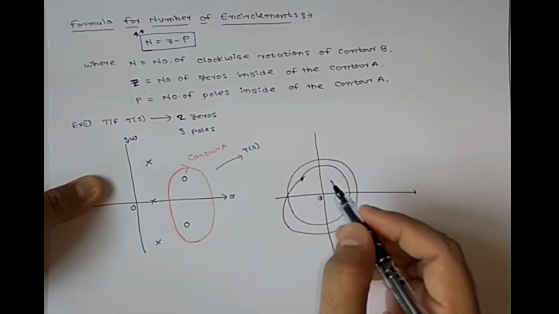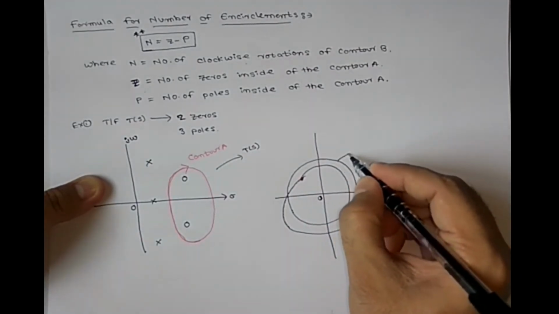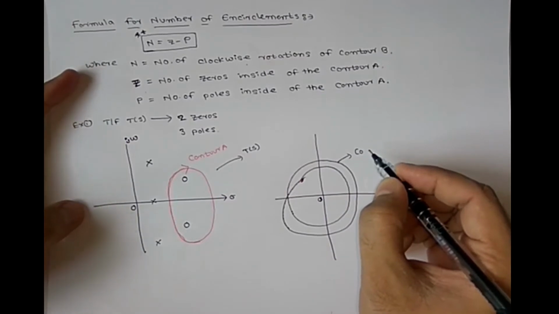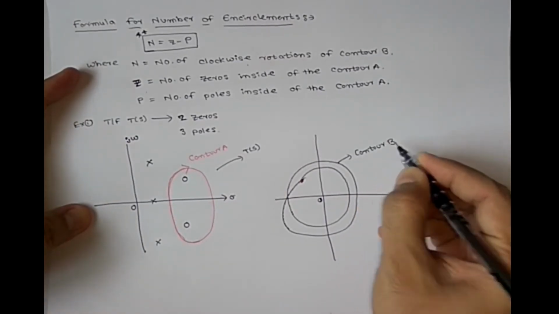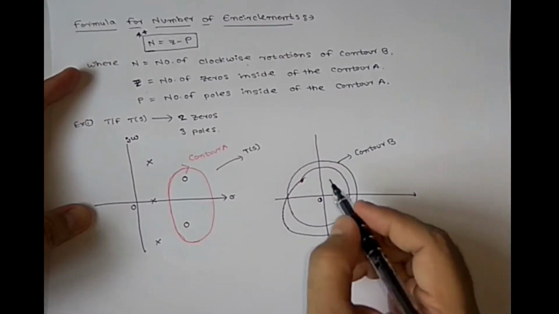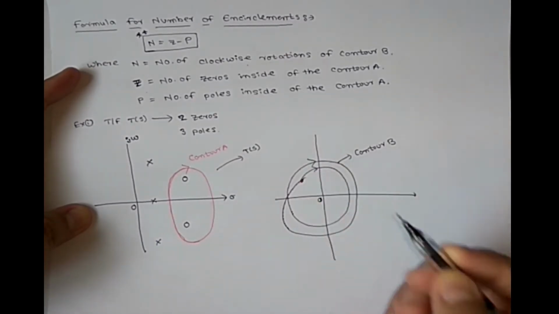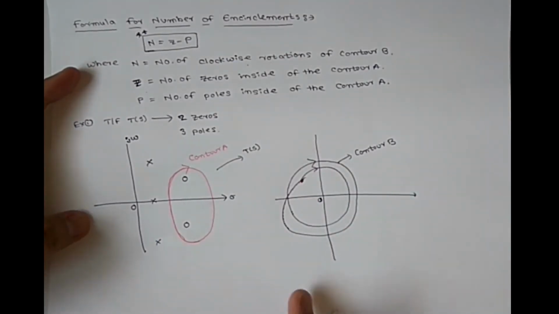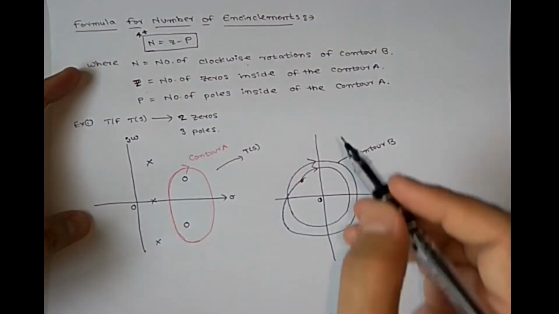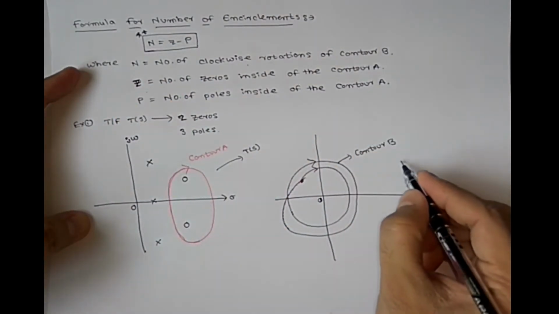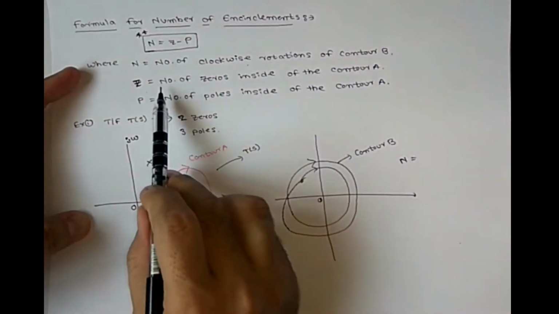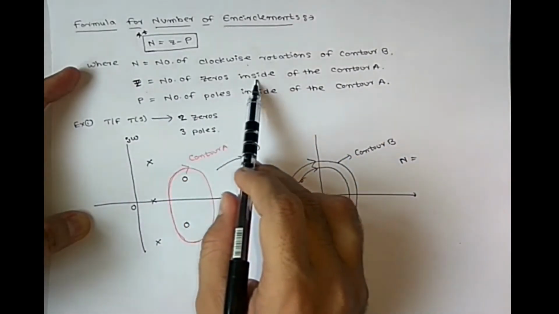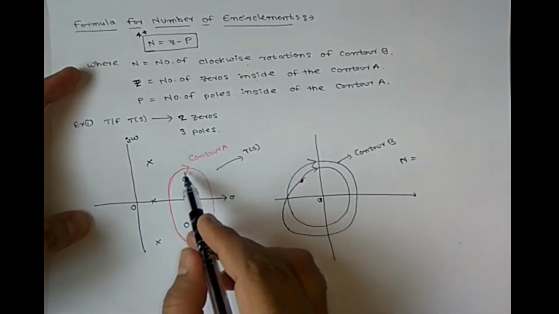So it will end at the same plot. This is contour B and this is clockwise direction rotations. Okay, so this formula is this one only. So here N is how many encirclements in contour B. Z equals the number of zeros inside of contour A. So how many zeros do we have?